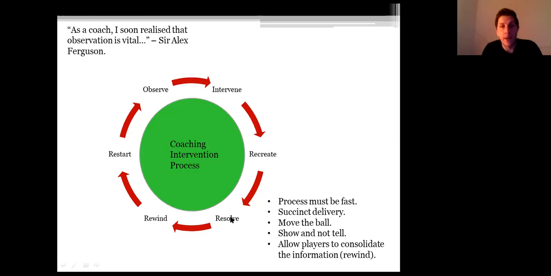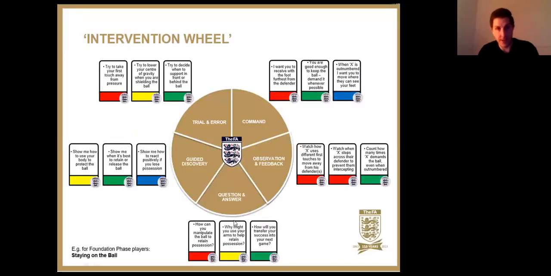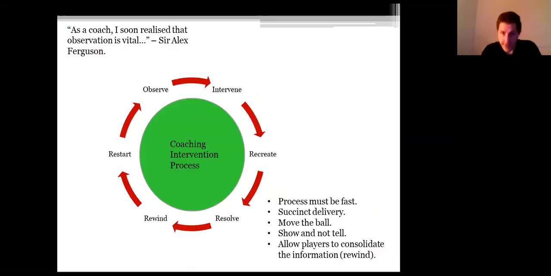Then you find some resolution. At this stage, resolving, you can refer back to the coaching styles. So you might choose one of those 5 intervention styles to then resolve the issue. And then importantly, you rewind the play again and then you restart it. This process looks like it's very slow, but in reality, the process must be fast and it must be efficient.